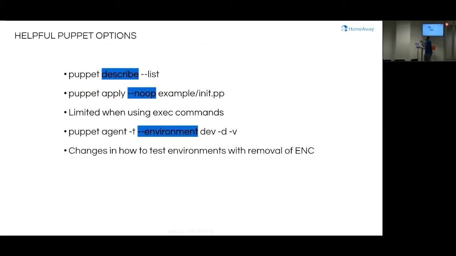If you're not familiar with Puppet, Puppet Agent -T will run through and apply the Puppet configuration. If you specify the environment, you can pull another environment, which might be a test config or something on that server. And then there's debug and verbose mode. Whenever I'm testing, I do -T, -D, and -V, and that gives me all the output I need to figure out where I screwed up.